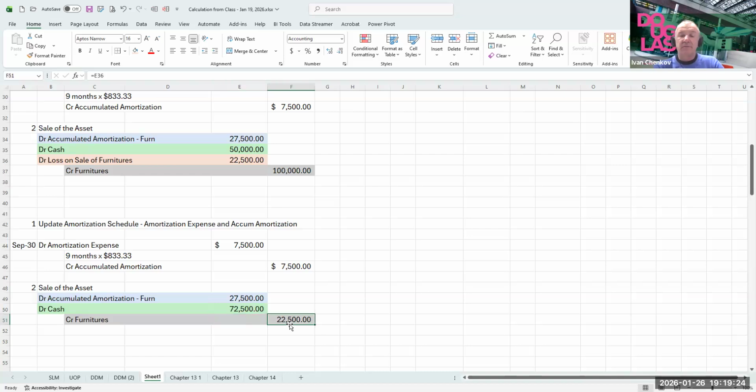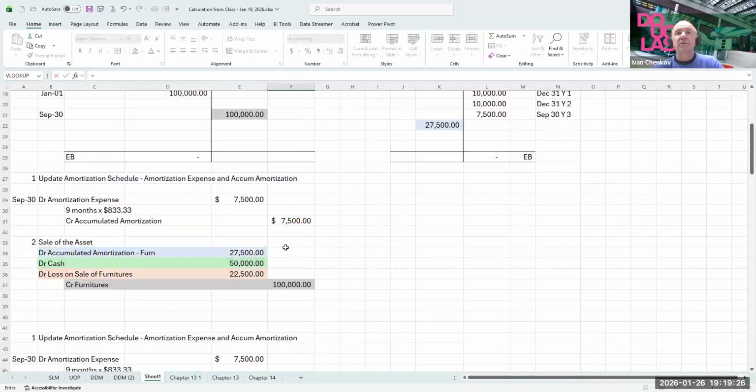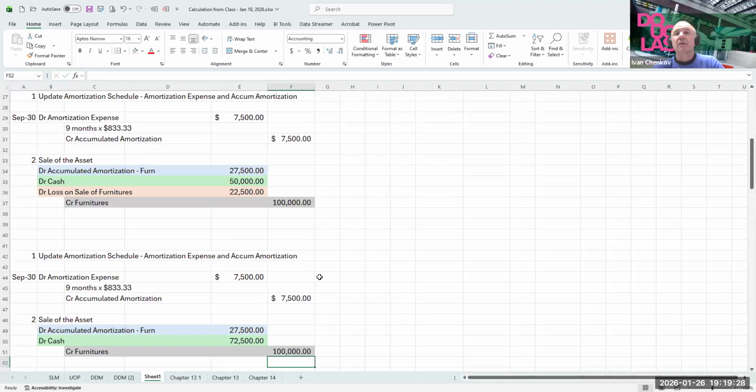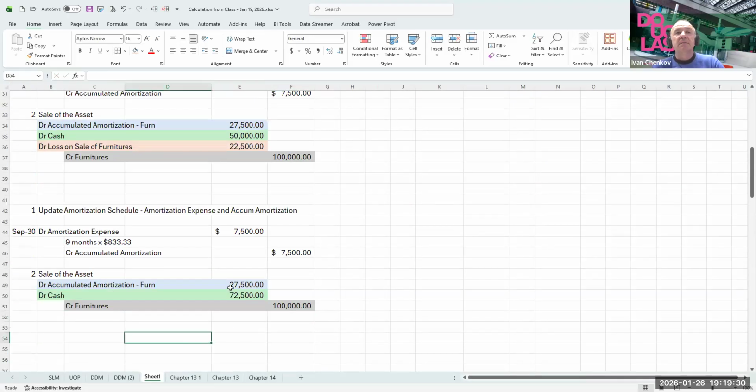My original cost of the asset is equal to 100,000. So what's happened in this case? I amortized the asset for 27,500. I get cash of 72,500. So in total, 100,000, which is exactly equal to the cost of the asset.